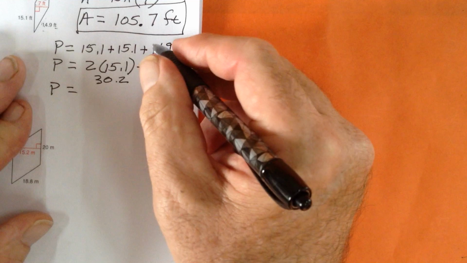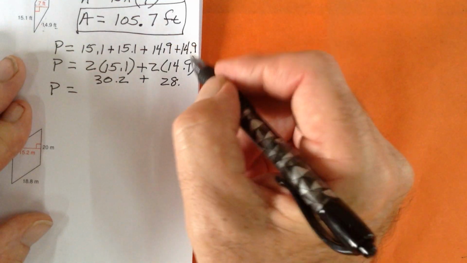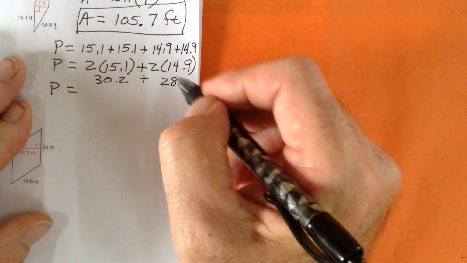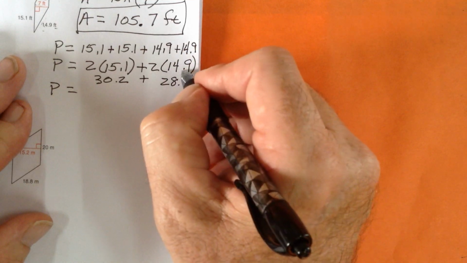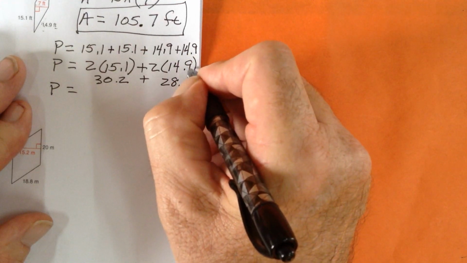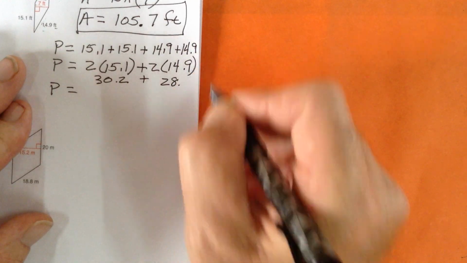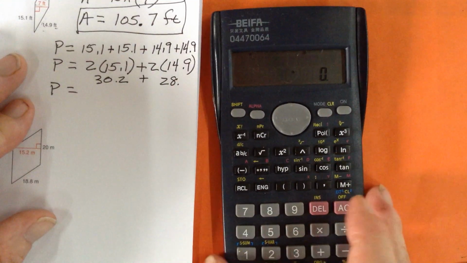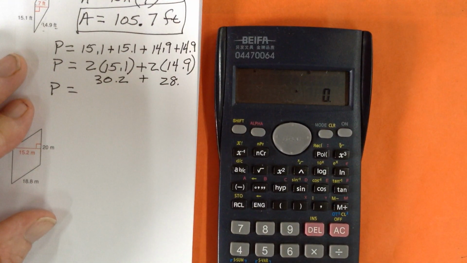I gotta rework it because of the example I did. So 14.9 times 2 equals 29.8.